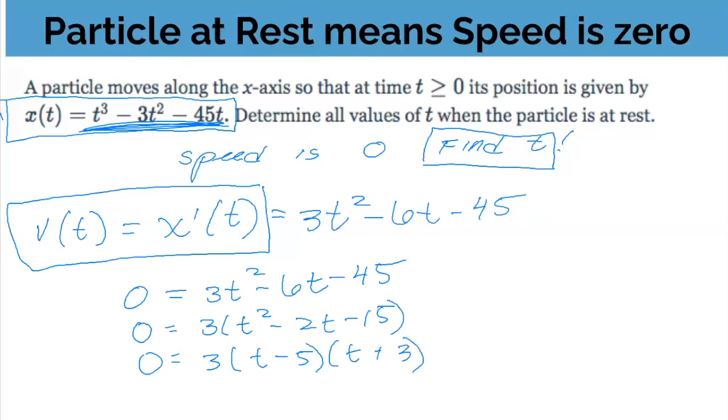Okay, so what makes that 0? All right, so we multiply that. It's going to give us -15, -3. Okay, so what makes that 0? It's going to give us t equals 5 and t equals -3. So that means that the particle will be at rest at t equals 5.